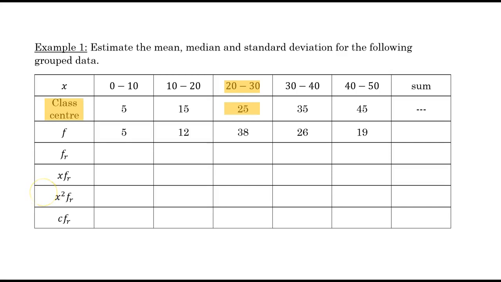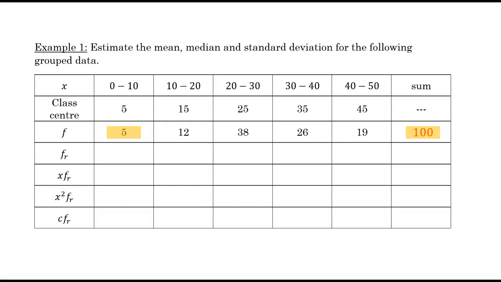You can see there, I've got a class centre of 25 for the class 20 to 30. Now I've got some frequencies here, 5, 12, 38, 26, 19, and when I add those up, I can see that it adds up to 100. So that tells me I must have done 100 measurements of my tank at different points in time.